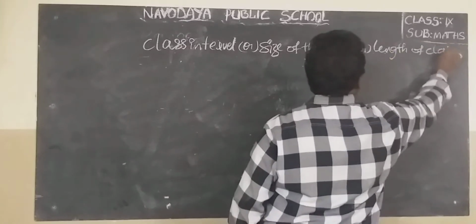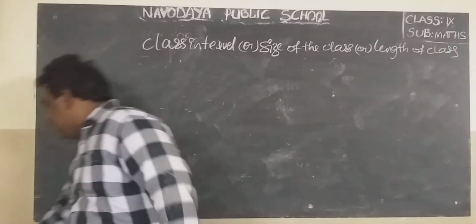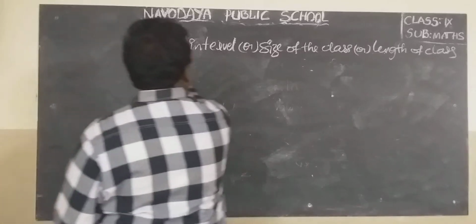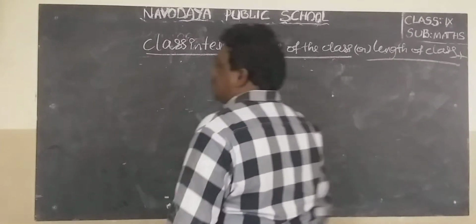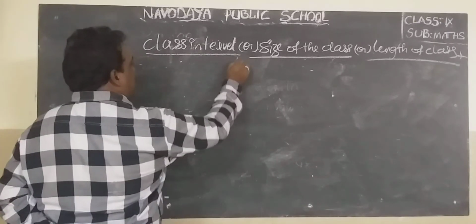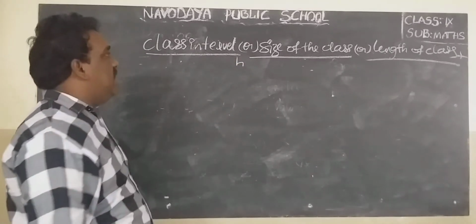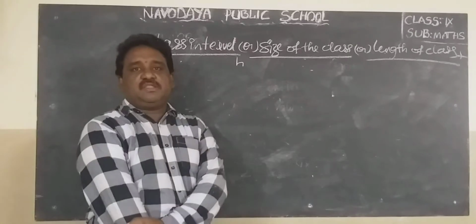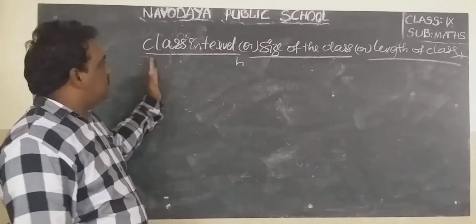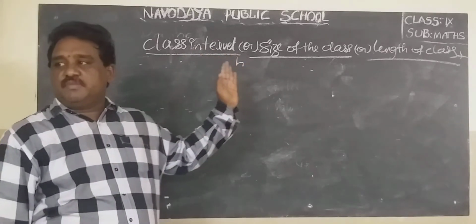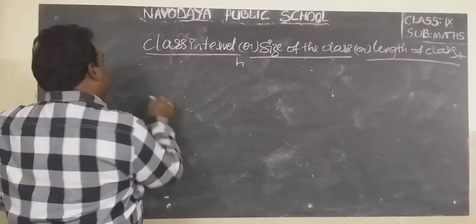Three names: class interval, or size of the class, or length of the class. And it is represented by the letter h. Today's last topic is class interval or size of the class or length of the class.